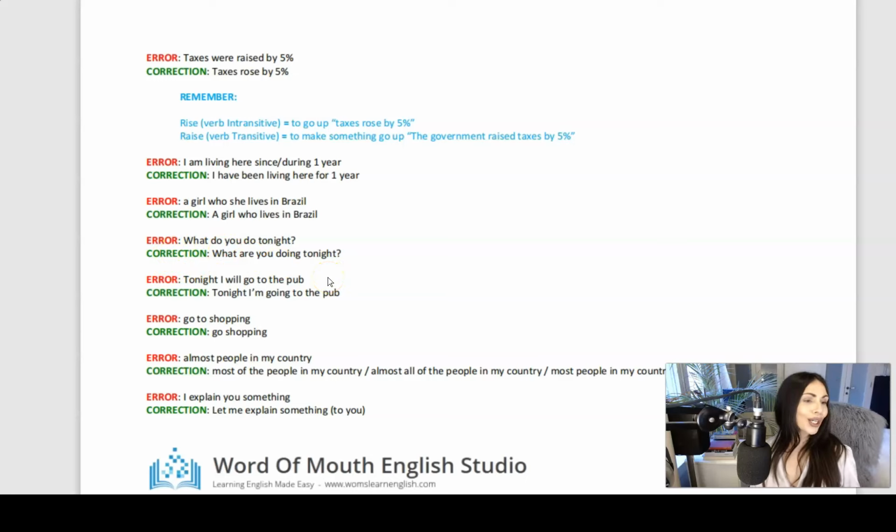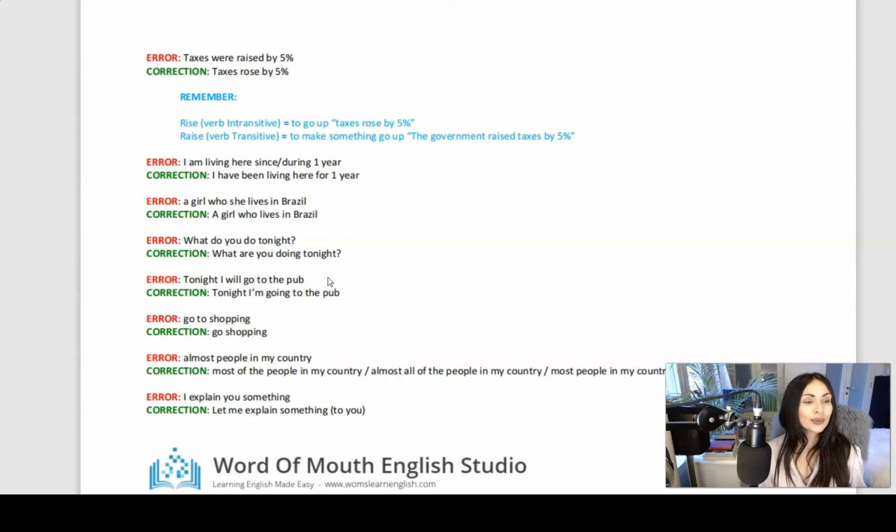This is very common. Did you notice whether you've made any of these? Do you tend to make some more than others? Let's have a look at this grammar error. "What do you do tonight" versus "what are you doing tonight," which is the correct version. "What do you do" is the present simple.